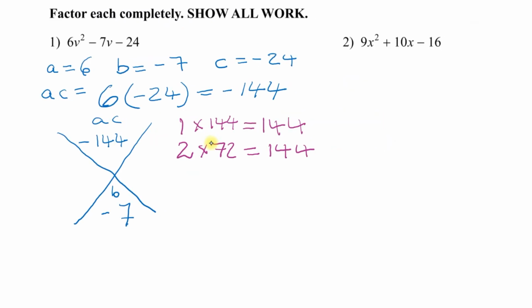Then we'll try 3, right? You notice we're going up. We're going to divide 144 by 3. That's 48. And we can't use 3 and 48 to get 7, right? Even if we make 3 negative, or if we make 48 negative, it won't work.